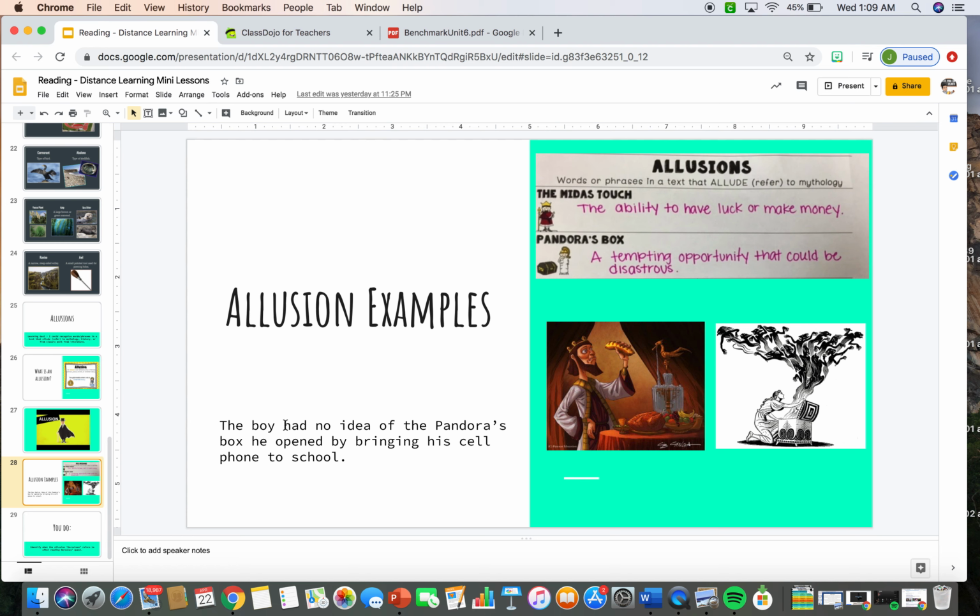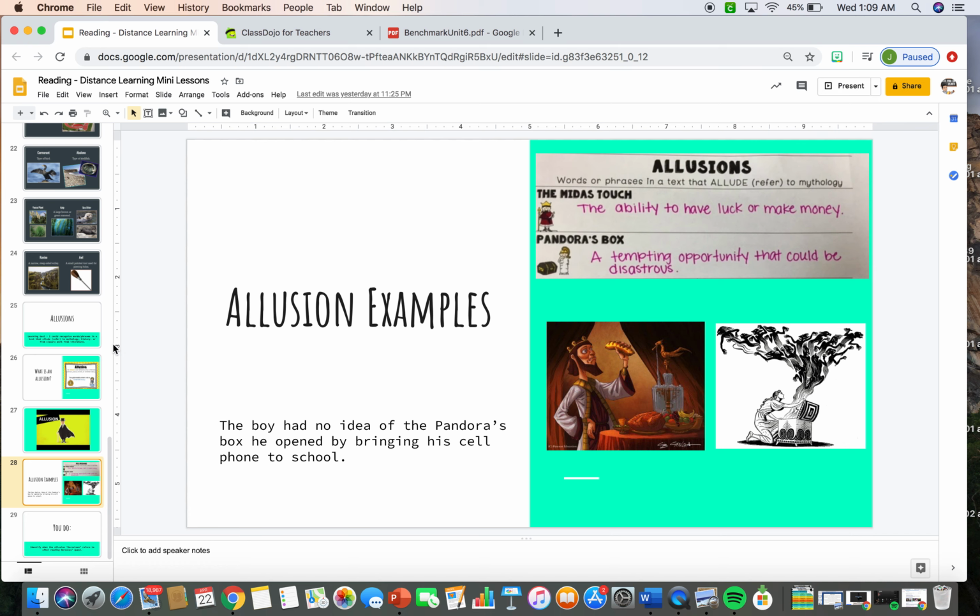So in this sentence, the writer decided to compare the boy bringing his cell phone to school as being a Pandora's box, expressing that, oh man, he was tempted to bring the cell phone to school, and he brought it, and he had no idea what kind of disasters will come because he brought the cell phone to school. So we're using a reference to mythology or a classic, very popular story to help us express this sentence and to express the meaning behind it.